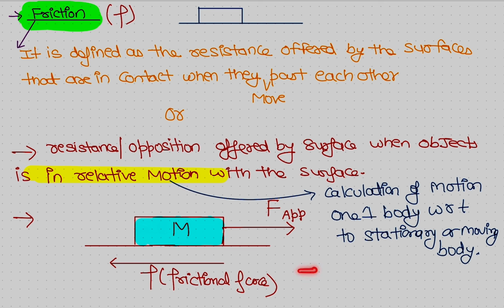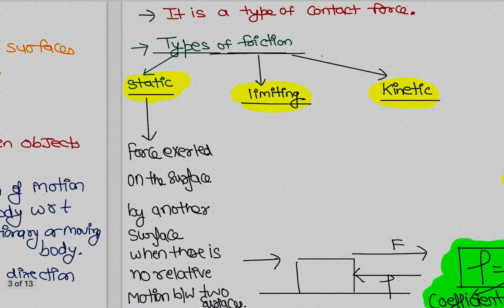Friction always acts in the opposite direction, right? So if the direction of applied force is towards left, then what will be the direction of friction? It must be right. It acts in the opposite direction. So friction is nothing, just the resistance offered by the surface, right? Let's move on to the next topic.